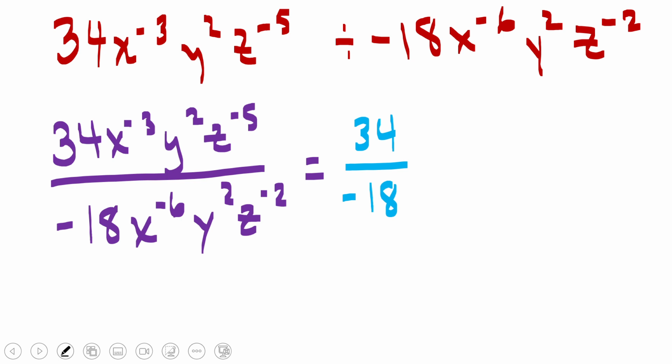So whatever's in the numerator is going to flip to the denominator and go positive. X to the negative third becomes x to the third power. X to the negative sixth power in the denominator goes to x to the positive sixth power in the numerator.